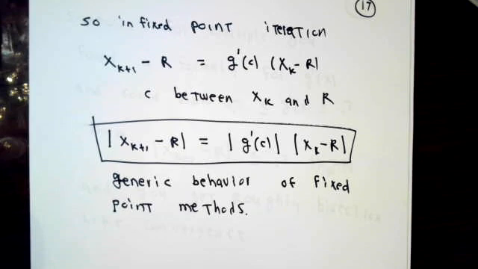People usually take the absolute value of these quantities so they don't have to worry about positive or negative signs.